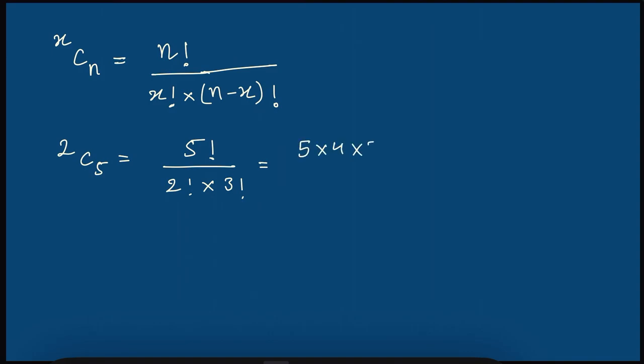Then we extend 5 into 4 into 3 factorial upon 2 into 3 factorial. The 3 factorial cancels, we have 2 in the denominator, and we receive 10.